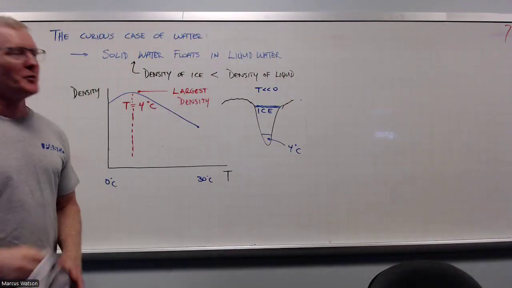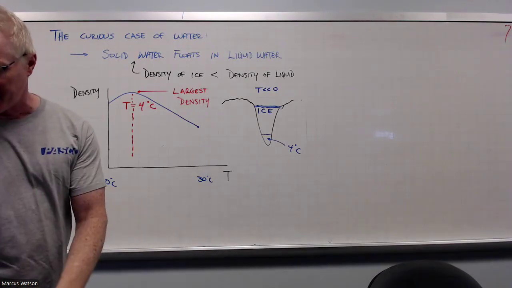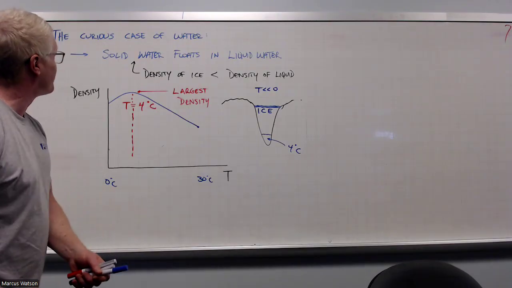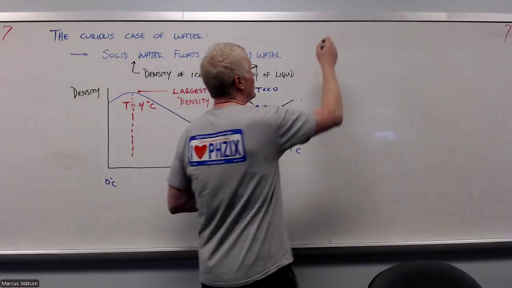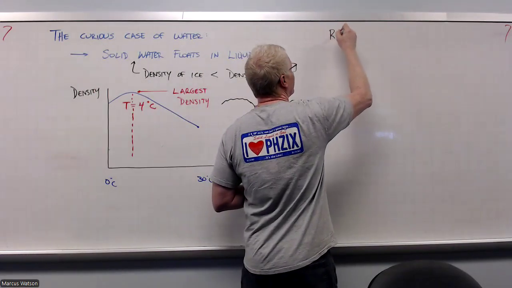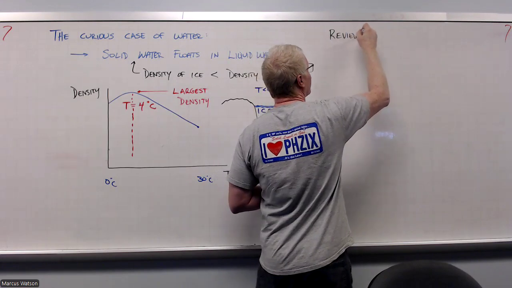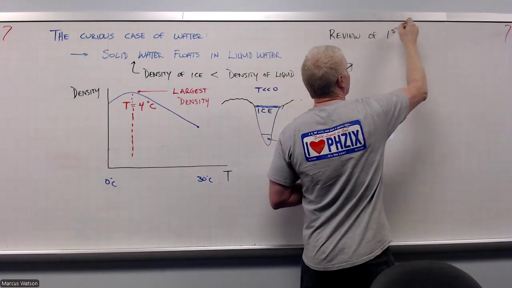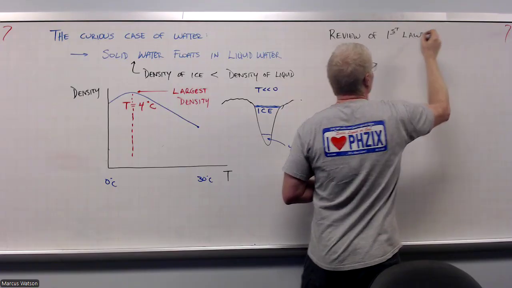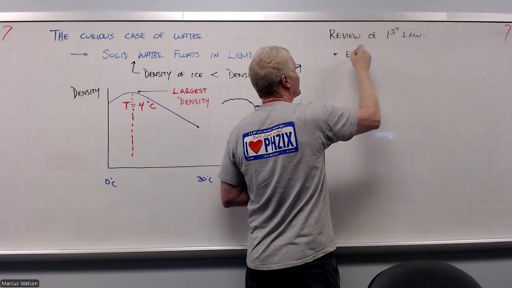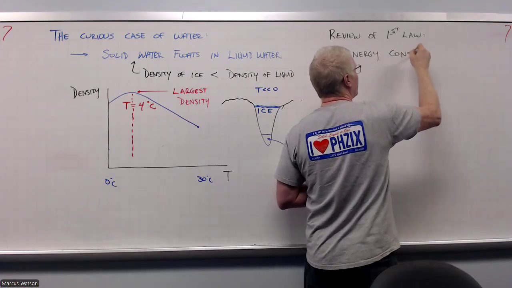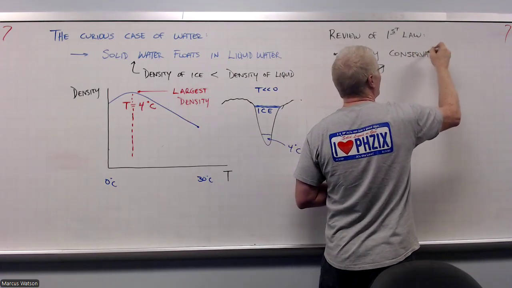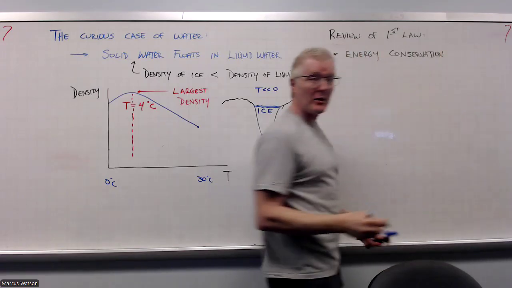I want to recap a little bit on what we've done with the first law. This is a review of first law stuff. We've gone through 4 processes. Ultimately, the first law is all about energy conservation on what I call the microscopic level.